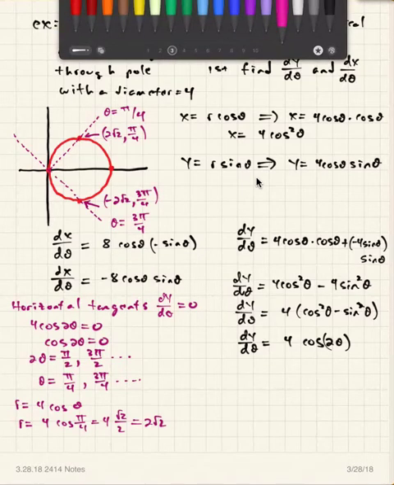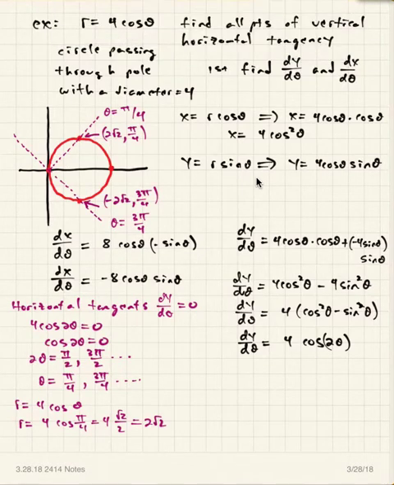All right, the vertical tangents. Vertical tangents are when there is no motion in the x direction. So this would be when dx d theta is equal to 0. So let's see. dx d theta is equal to negative 8 cosine theta sine theta.